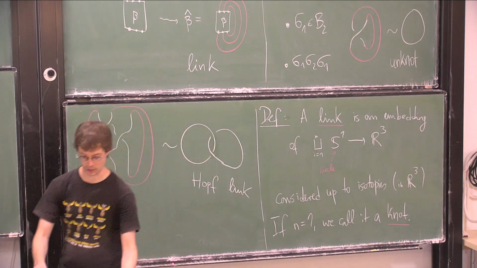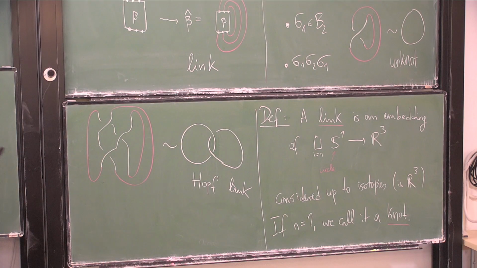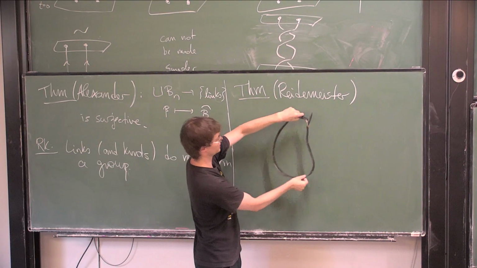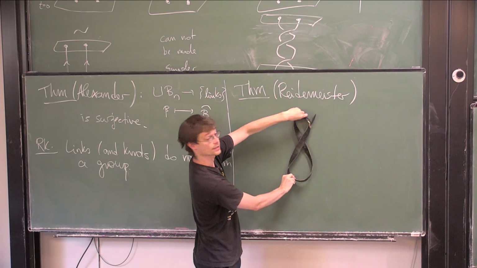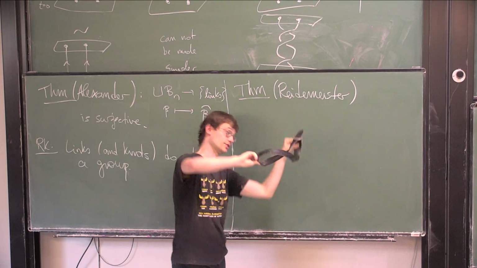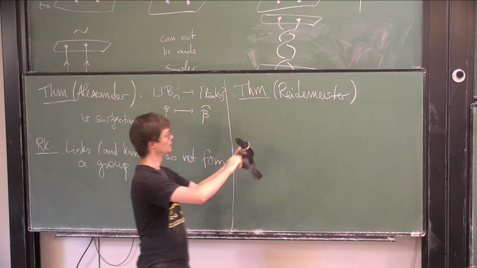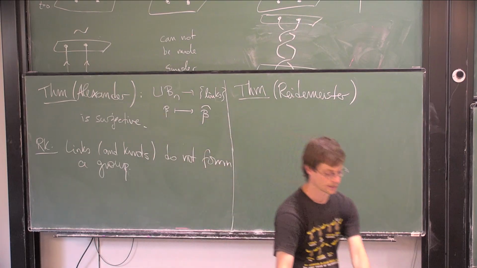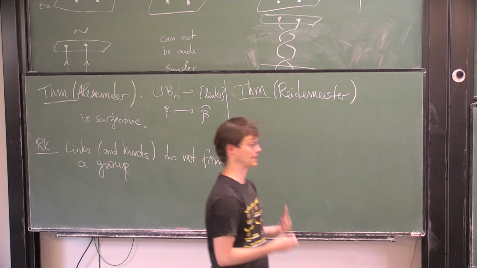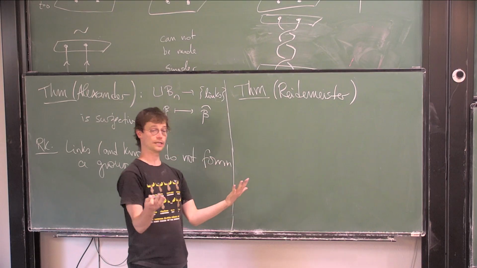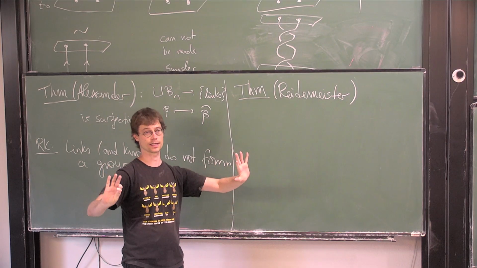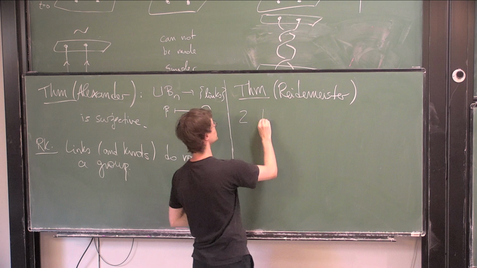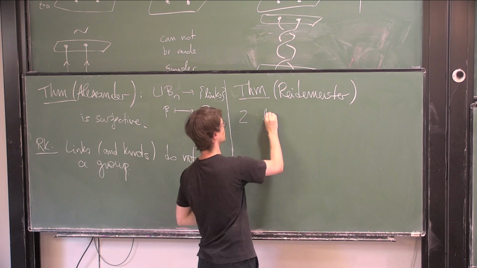When you have one link or one knot, if I project it like this, you will see it like this, but if I do it this way, there's another projection. We can sometimes change the orientation; there are many different projections of the same knot. And there's a very nice theorem giving an if and only if condition for when two knot or link diagrams are the same.